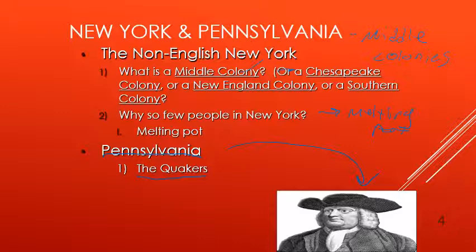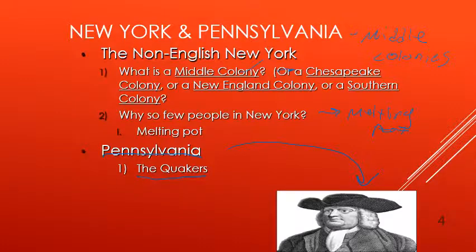In fact, Quaker women could be preachers. In Quaker church services, there is no minister. Anybody who feels moved by the Spirit, so to speak, can get up there and give a homily or a sermon or whatever it might be. So it was a very unstructured system, but it was very attractive to a lot of people that were maybe looking for something different in regards to their faith.